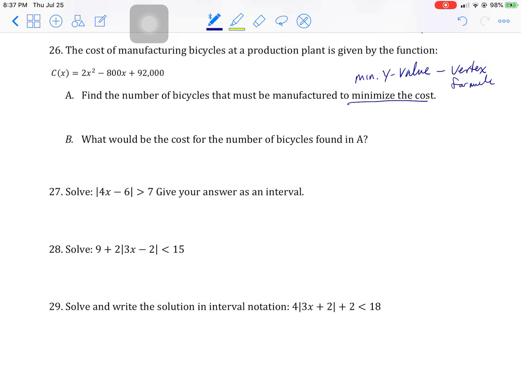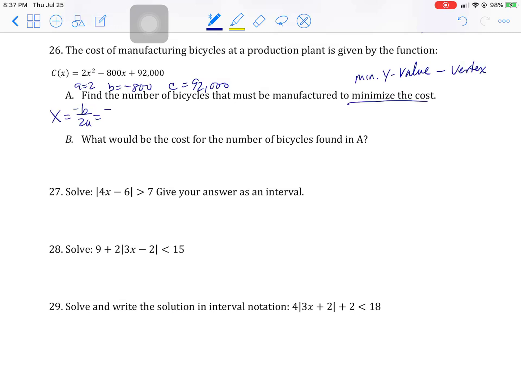That is not how you spell that, but you get the idea. Vertex formula. X equals negative b over 2a. So a equals 2, b equals negative 800, c equals 92,000.